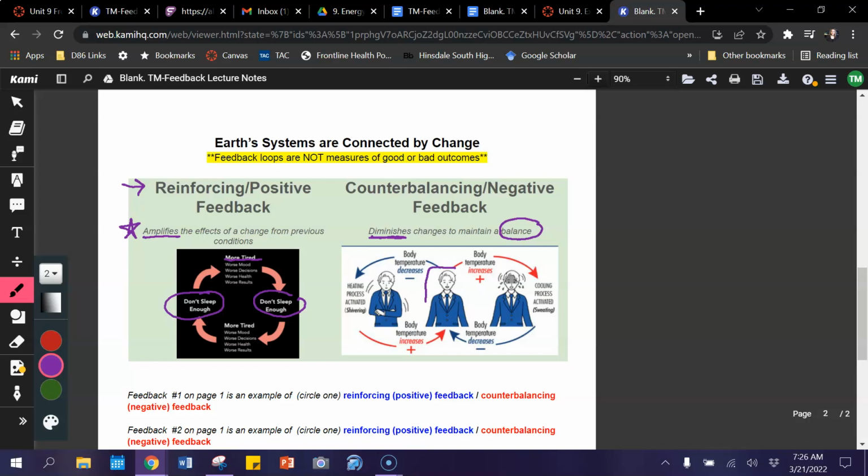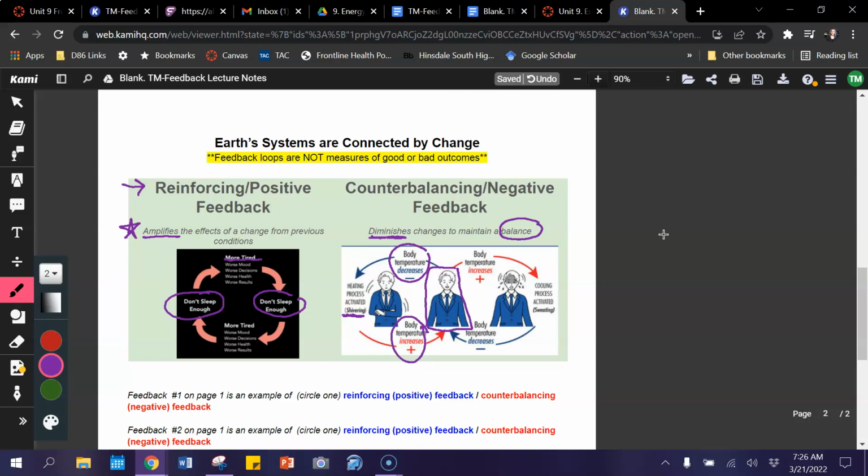Here in the middle, you can see that the student has a normal body temperature, but let's say that they walk into the classroom and the windows were left open and it's below 0, and then body temperature decreases. The body now is going to shiver, and the contraction of those muscles is going to generate heat inside of the body, causing the body temperature to go up, and then we go back to normal.